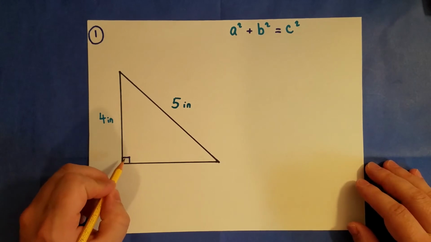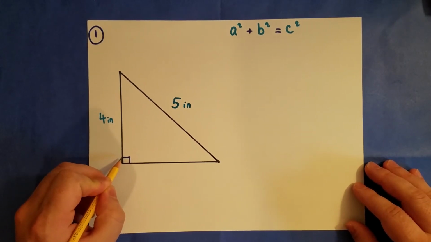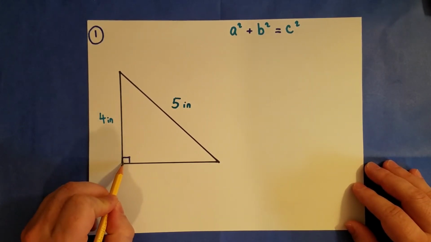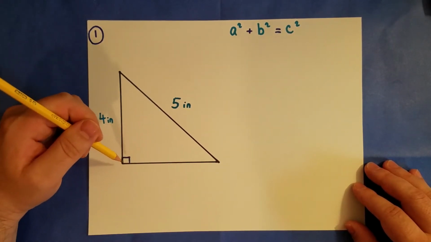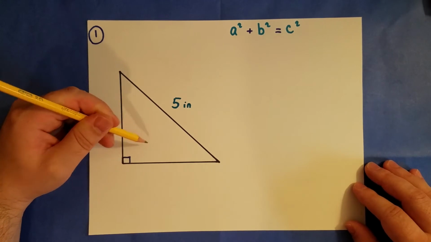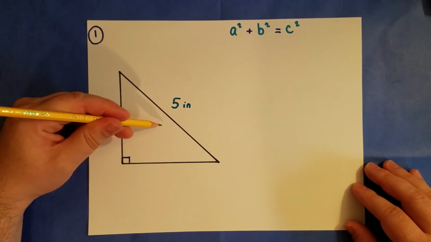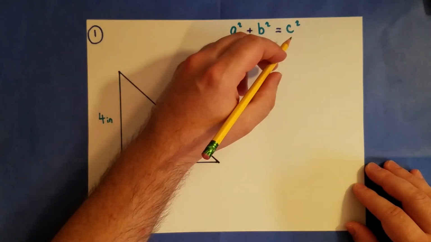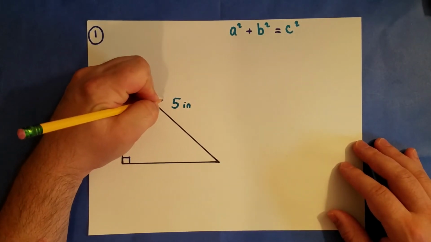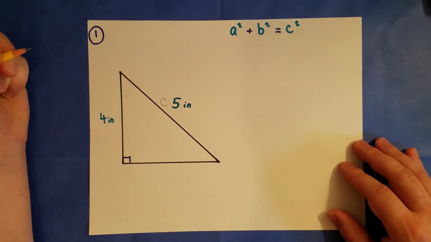Well, we know this is the right angle, and this points to the hypotenuse. The hypotenuse, or the longest side, is always opposite that right angle. So we know now in our formula, we can fill in our hypotenuse. We know this is going to be C.